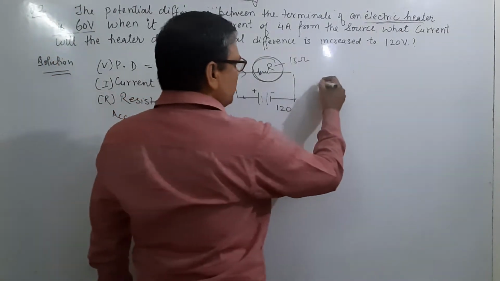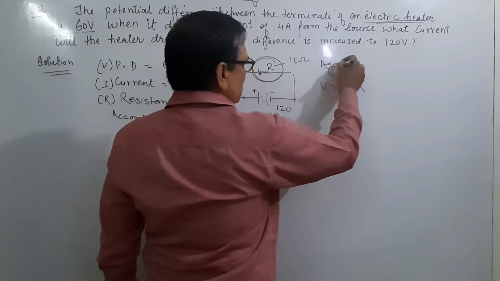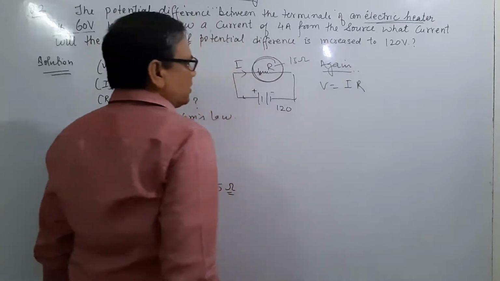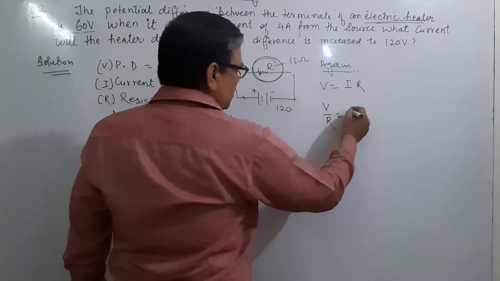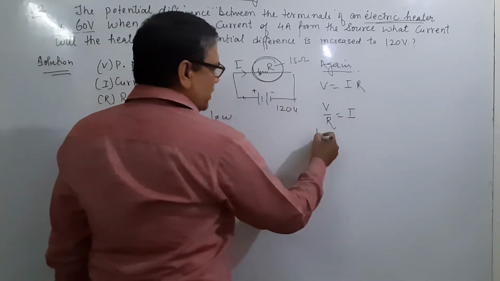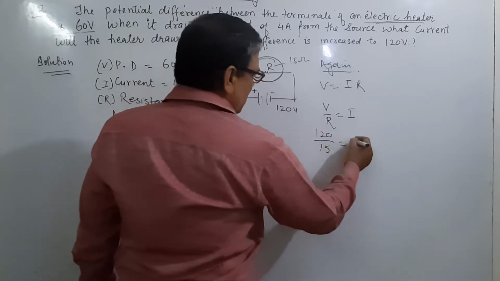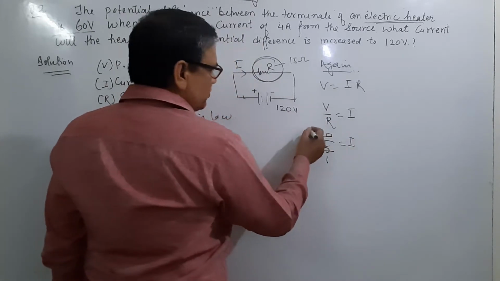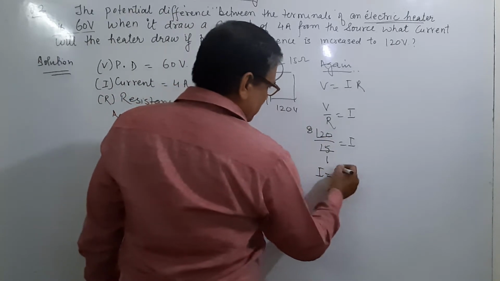V is equal to I R again, and then we have to find I. V upon R is equal to I. What is V? 120 upon R is 15 is equal to I. 15 times 8 is 120, so I is equal to 8 ampere.